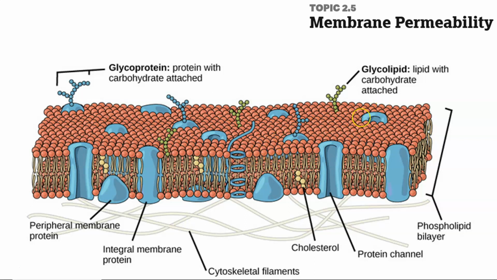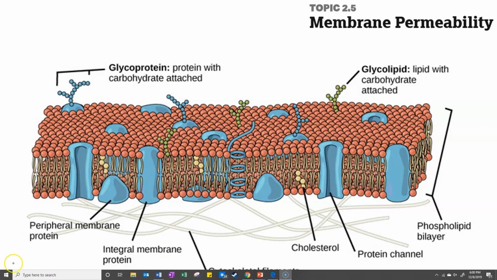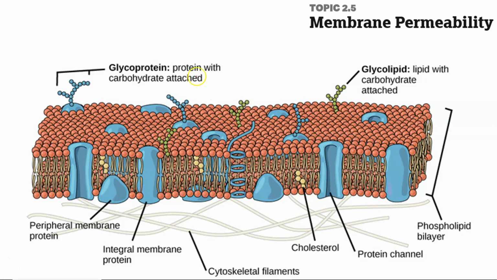Basically, what we need when it comes to the cell membrane is a structure that will separate the outside of a cell from the inside of the cell, because these things have different needs, different concentrations on either side.